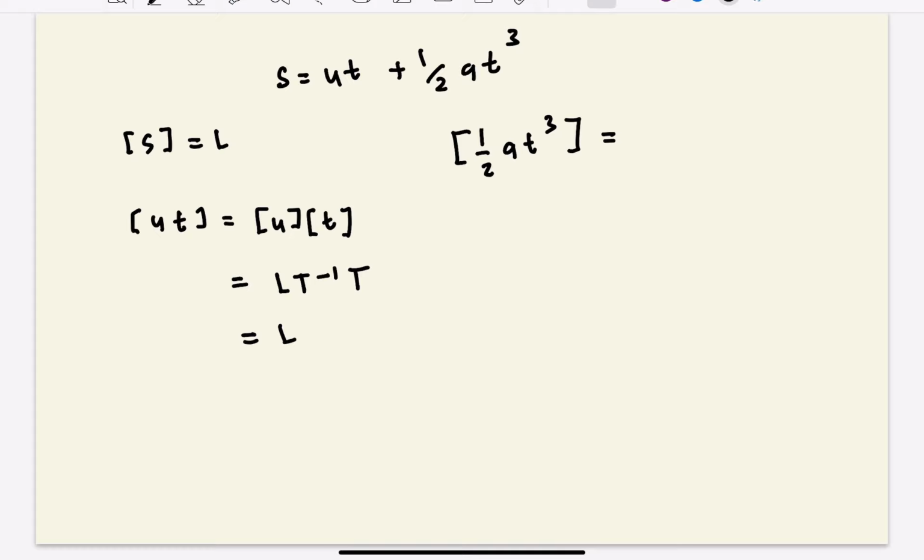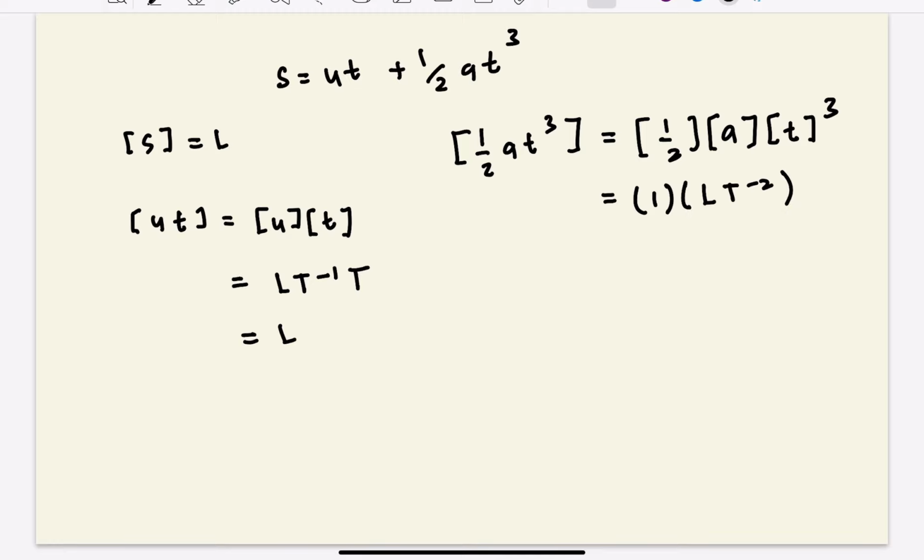But the other one is you have half AT to the power of 3. You will get something like half. Number also you need to find the dimension. Just that for the number, the dimension is equal to 1. Okay, A is LT minus 2. When you convert it to dimension, you don't have to use square bracket. Tak boleh guna pun. You memang kena guna circle bracket. Macam tu lah. So T is T to the power of 3. When we solve this, you will get LT.